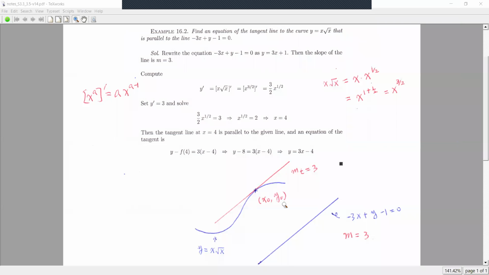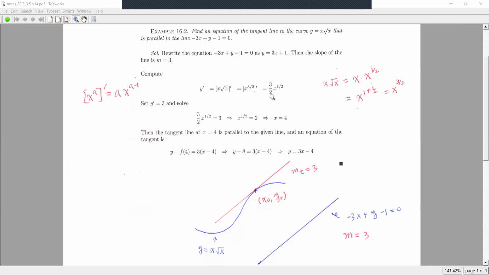To find this point, compute the derivative of the given function. The given function x times square root of x in power form is x to 3/2. The derivative of x to 3/2 is 3/2 times x to 1/2 by this formula.